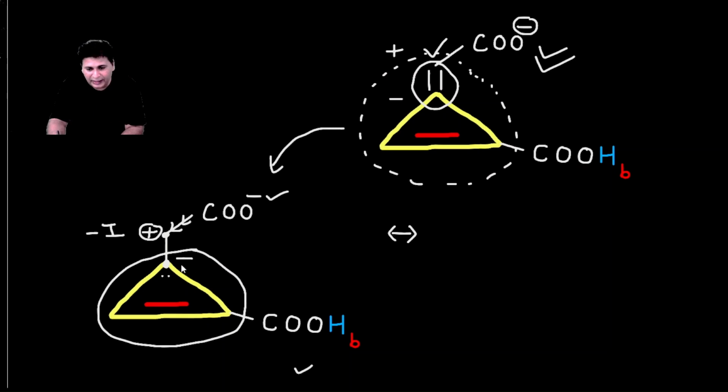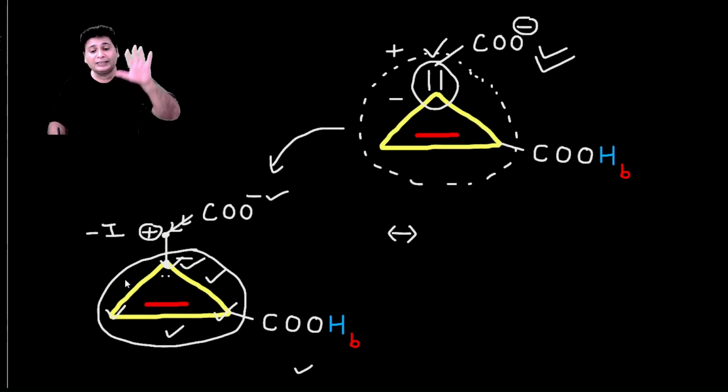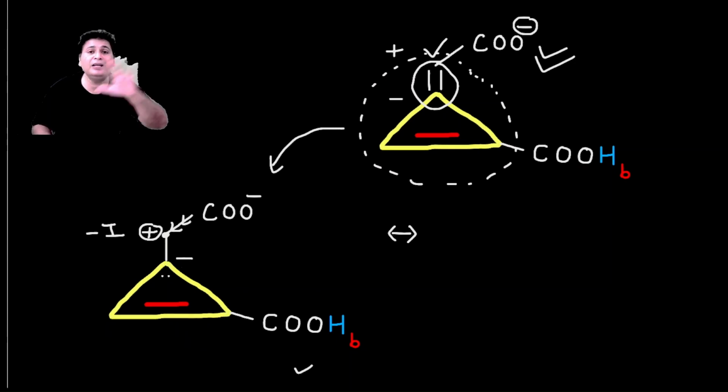You can see minus, single, double, and once you do that, you include this carbon, and in this double bond both the carbons are included. So it's a cyclic portion of this species which is flat, and there is a presence of cyclic conjugation, as you have seen.